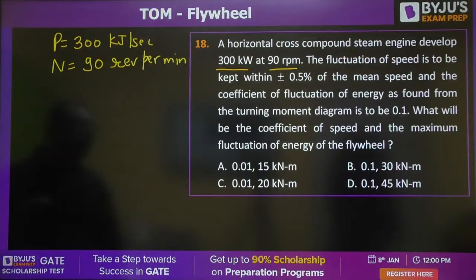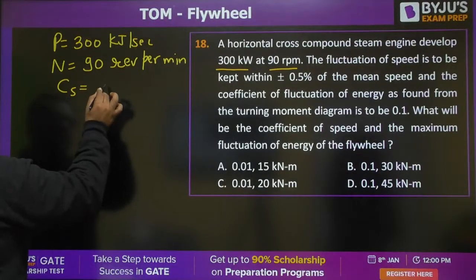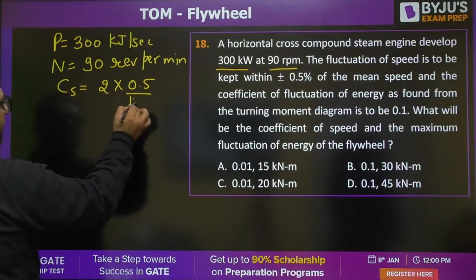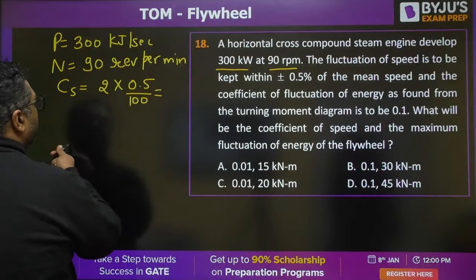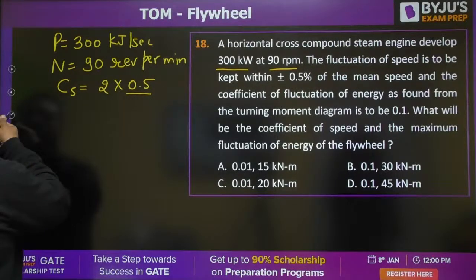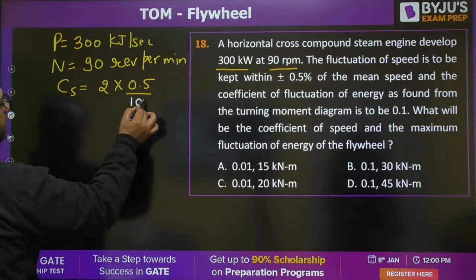It will help you to solve. Fluctuation of speed is to be kept within. CS will be 0.5 by 100. It is percentage, so we will divide it by 100. 0.5%.